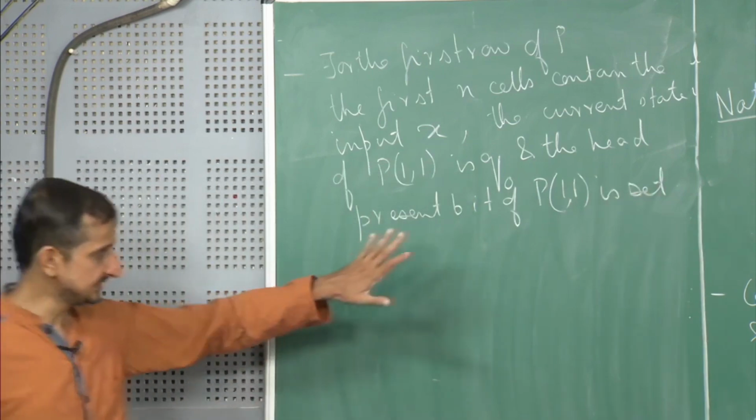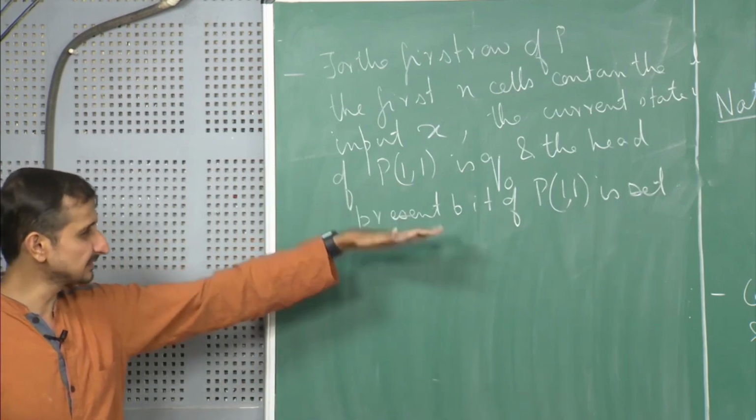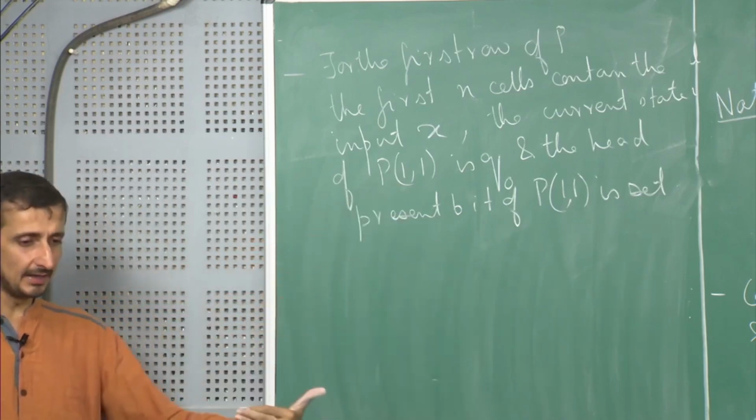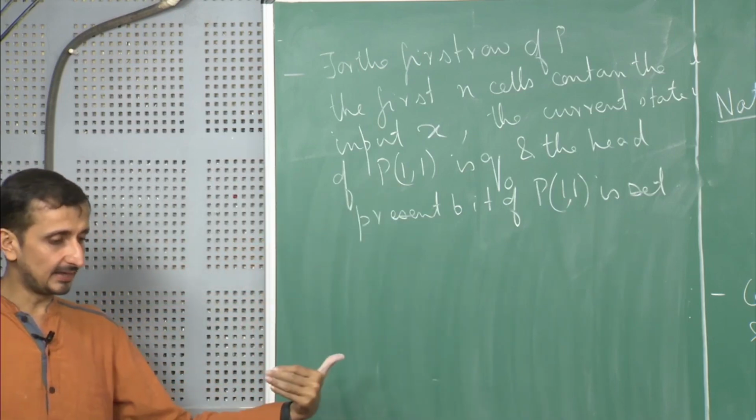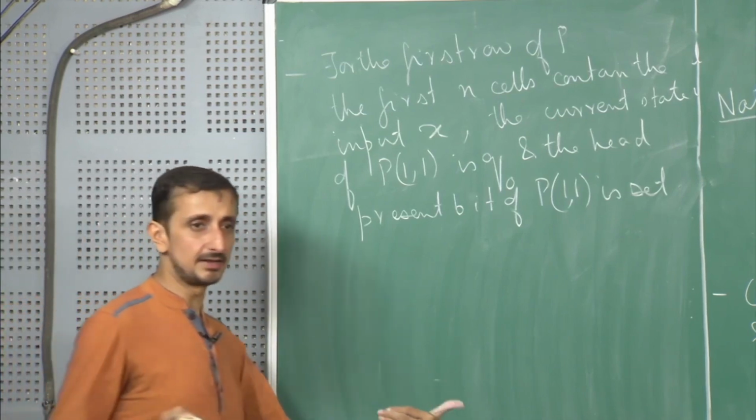This is set to true. When I say set, I mean set to true, everything else is set to false. This we are doing because we assume that at the beginning, as I said, we assume that the head position is at the first cell and the tape contains the input x.